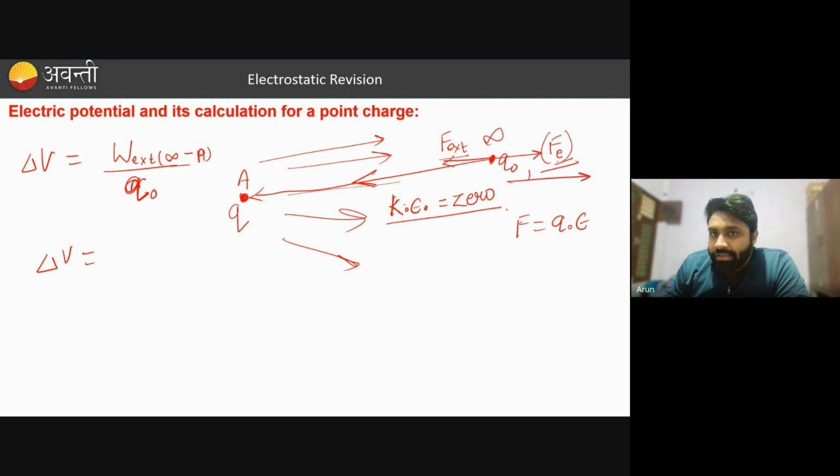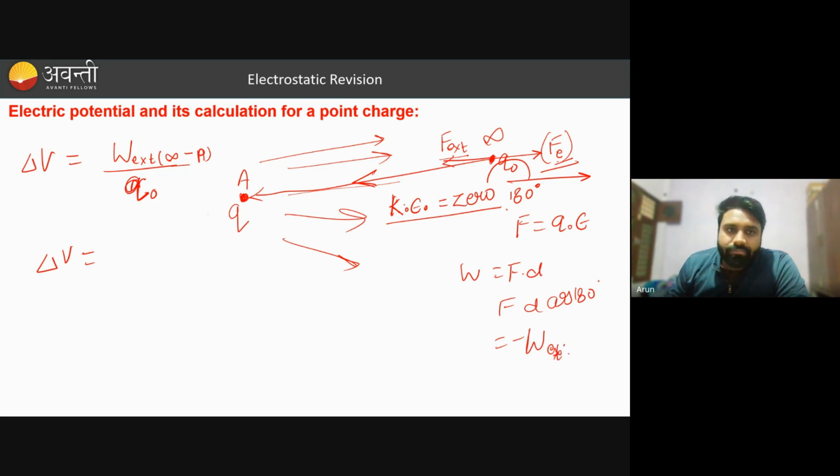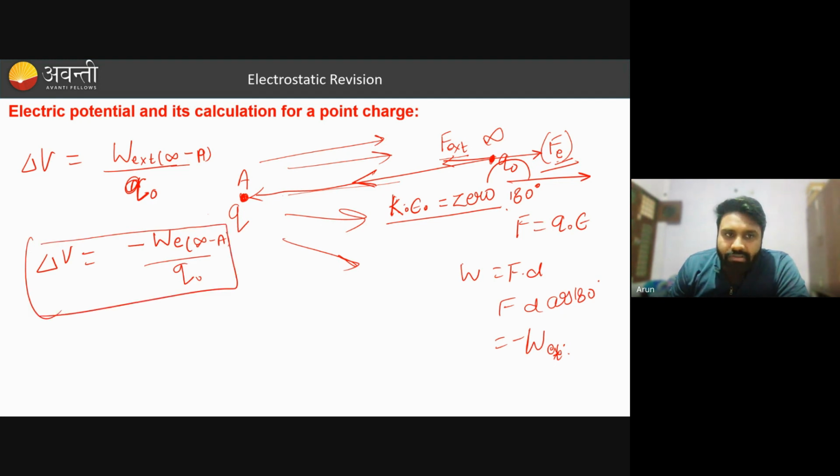So the angle will be 180 degrees, which means work done is F dot D, it is FD cos 180. Cos 180 is negative. So it is negative of the work done by electric force. So we will replace it by negative of work done by electric force from infinity to A divided by Q naught. This is the actual definition of the potential difference.